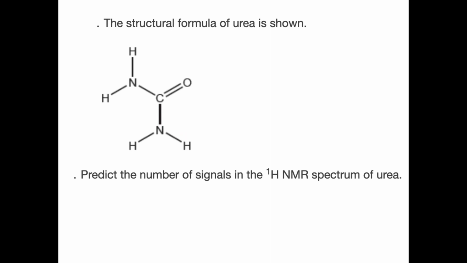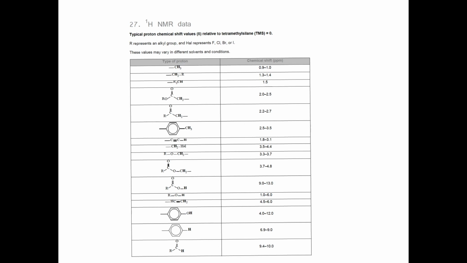So that would be your answer for this question. It will be one single peak that corresponds to 4 hydrogens, and that is what you would see on the H1 NMR spectrum. So in this particular case, there is no need to make reference to table 27, which provides all of this NMR spectral data.